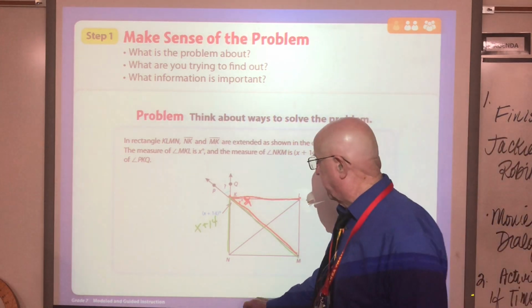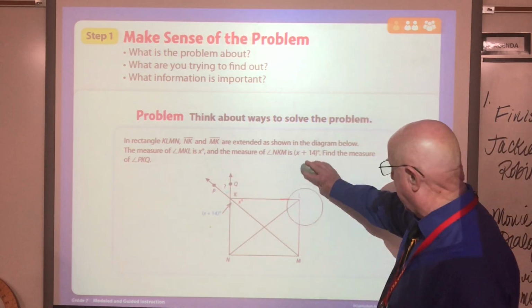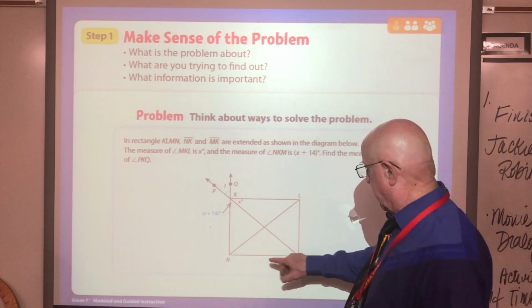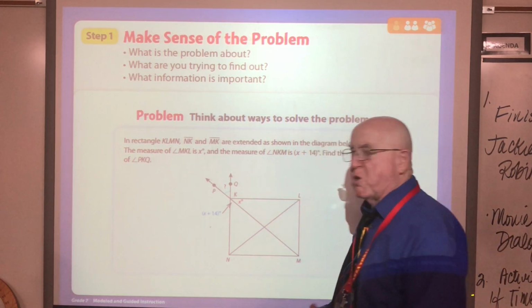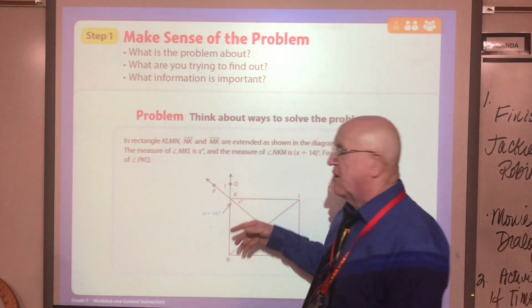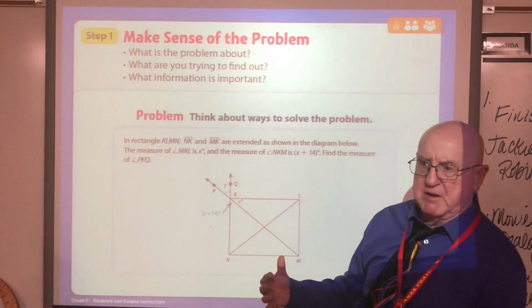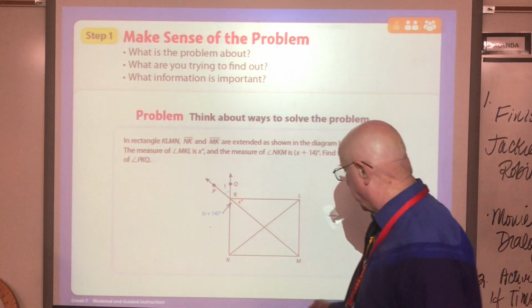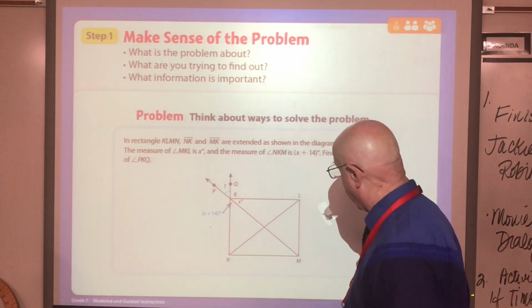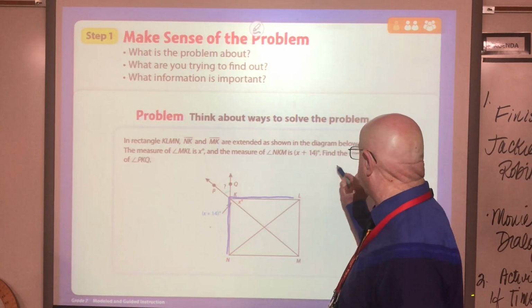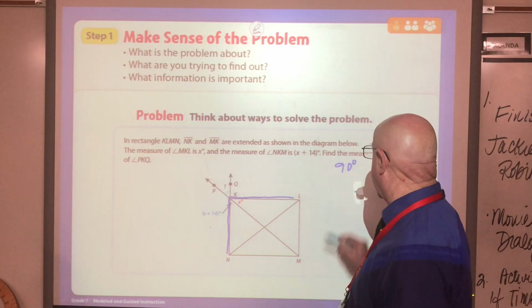So if you look at this real close, you'll see that MKL and MKN form a 90-degree angle because they tell you that this is a rectangle, so by definition it's a four-sided figure made up of four right angles. So this angle right here, NKL, is 90 degrees, right?